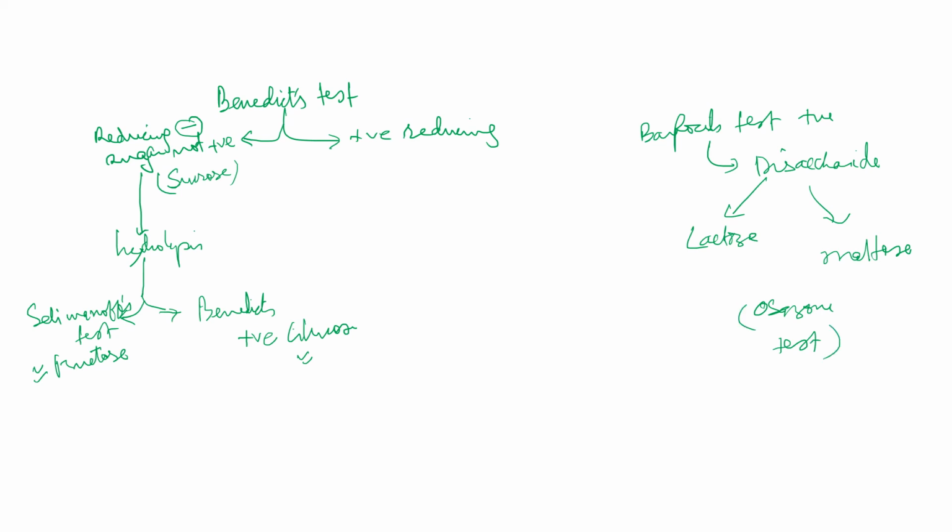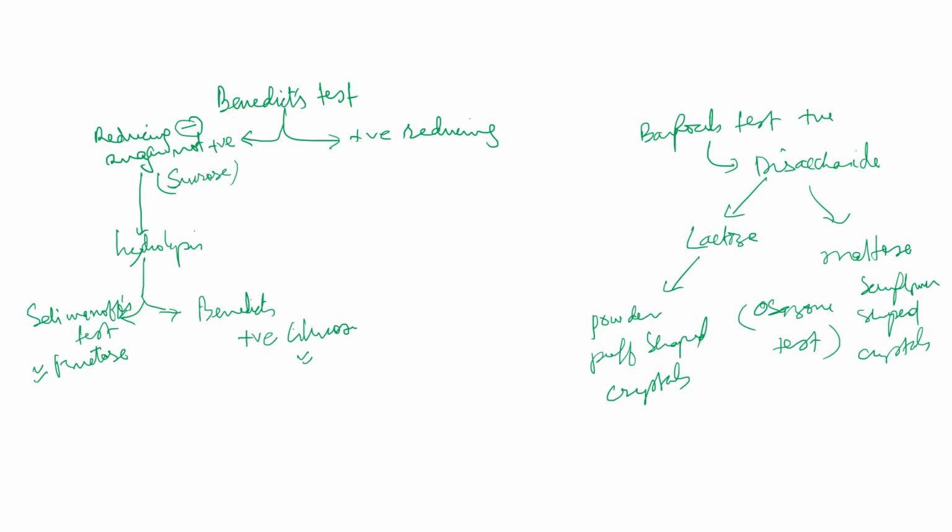In the Osazon test, it will be found that lactose will produce powder puff shaped crystals, whereas maltose will produce sunflower shaped crystals, which you can see in the microscope.